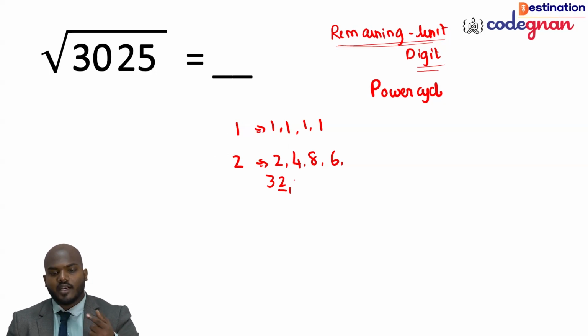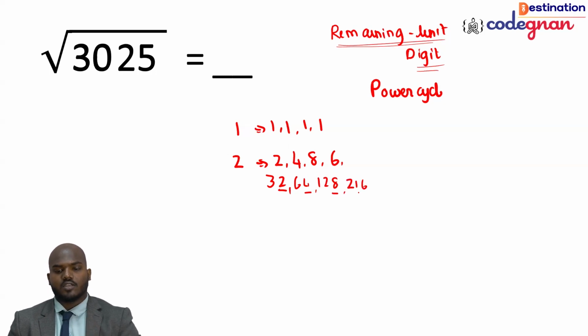So 32 is coming, and 2 power 6 is 64. You see 64. And 2 power 7 is 128, and 2 power 8 is 256. You see this one, guys? The last digits keep on repeating like 2, 4, 8, 6, 2, 4, 8, 6.